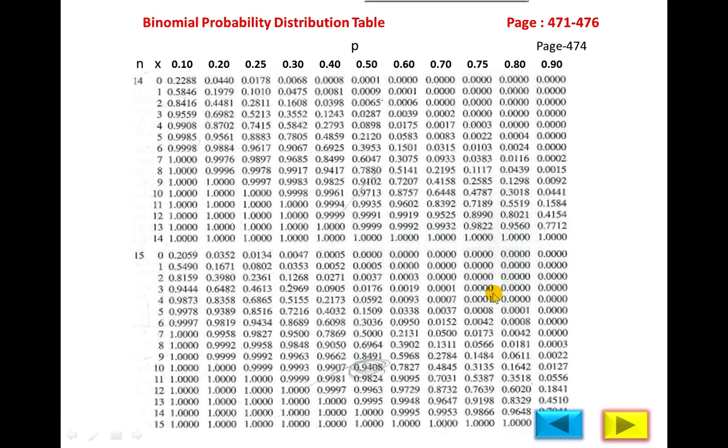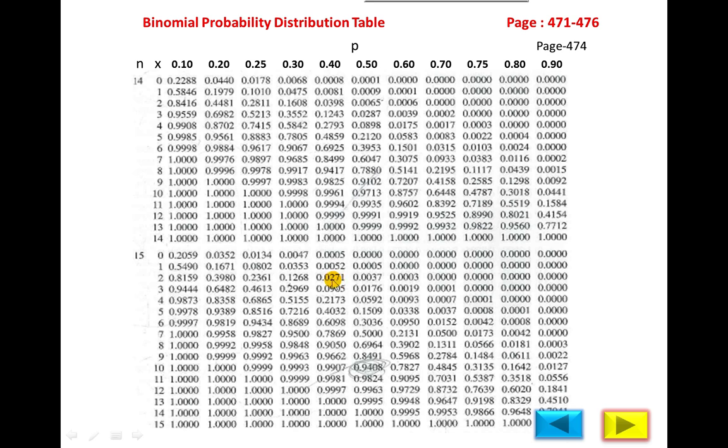In your book these values, 0, 0, 0 again and again, and 1, 1, 1, are not given again and again. And for this value, when n is 15, p is 0.4, x is equal to 2, this is the probability from 0 to 2, not only 2.